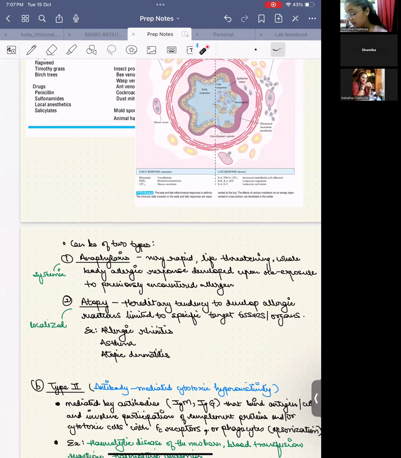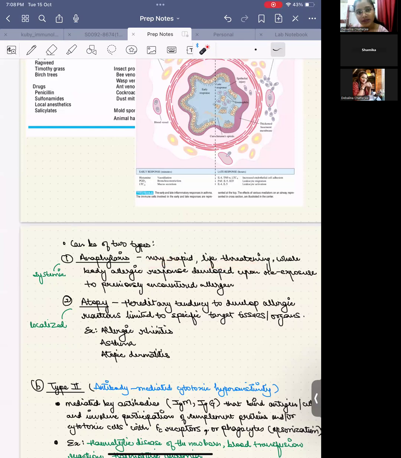The last thing that is important for hypersensitivity type 1 is that this could be of two types. One is anaphylaxis. Anaphylaxis means that there's a very rapid immune response which could become life-threatening because the entire body experiences some sort of allergy.